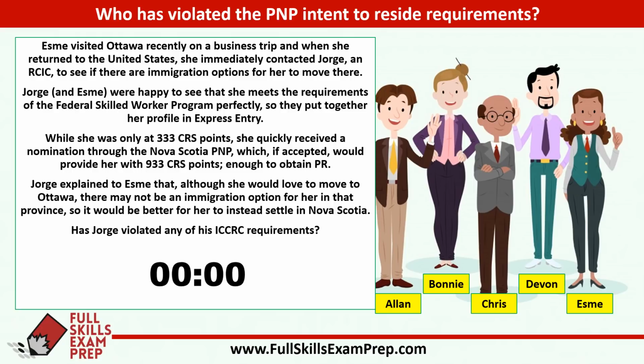They don't mention if that exceeds the CRS cutoff score or not, but they give us, of course, the next bit of information, which is that she received an offer from one of the PNPs. Okay, and so that would provide her with an additional 600 CRS points, which of course exceeds that minimum cutoff score.